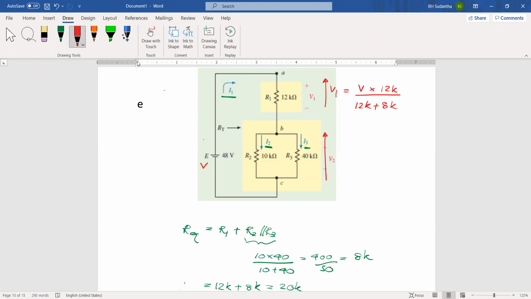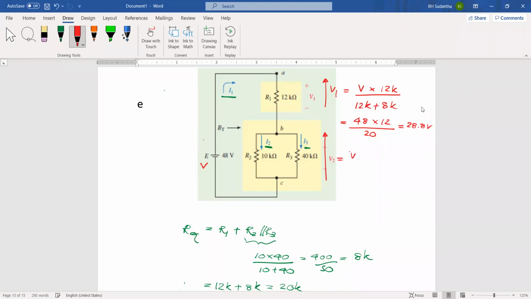Okay. Then V is 48 volts into 12, divided by 20 kilo ohms. Then this is 28.8 volts.